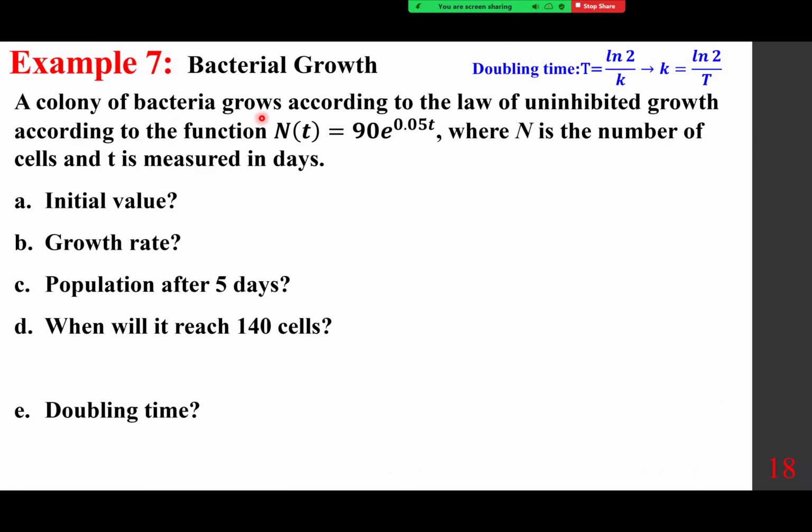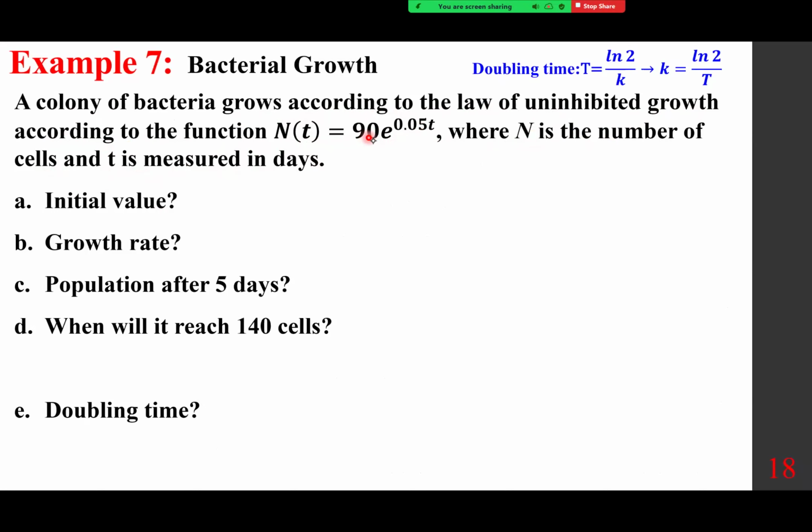A colony of bacteria grows according to the law of uninhibited growth according to the function n of t equals 90 e to the power 0.05 t, where n is the number of cells and t is measured in days. So let's see what that means.